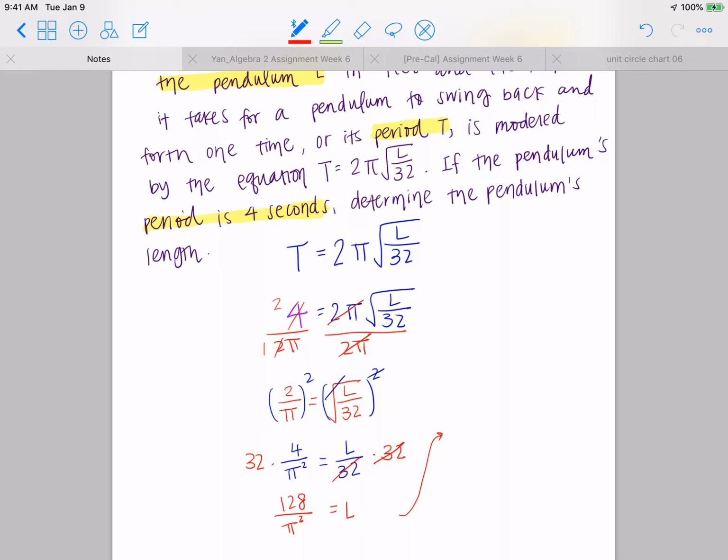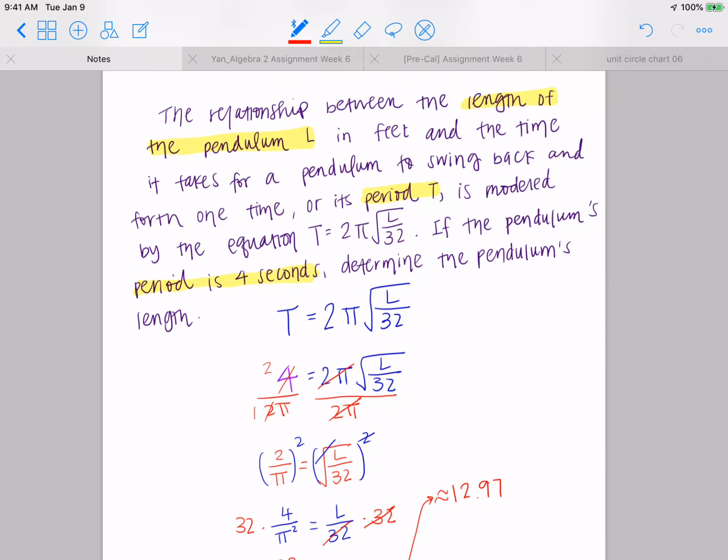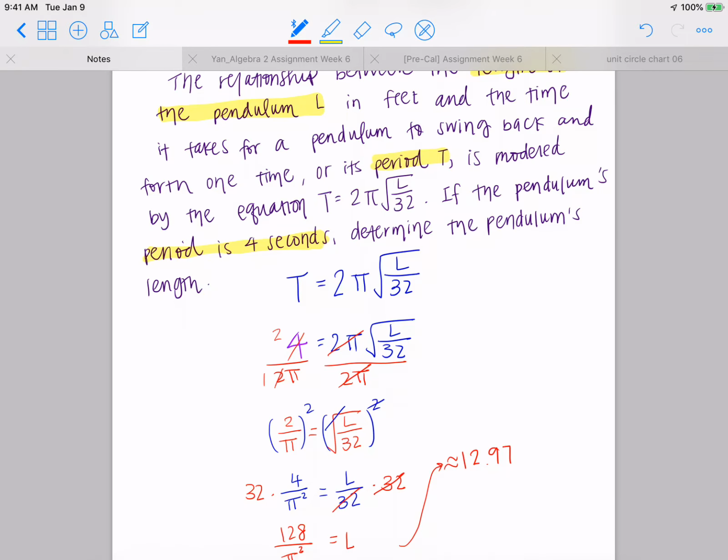If it is already in square root form and there's no decimals involved, you can just leave it in square root. But this one, we are talking about a length. So the answer is about 12.97. The unit is feet. Okay, so this is our answer.